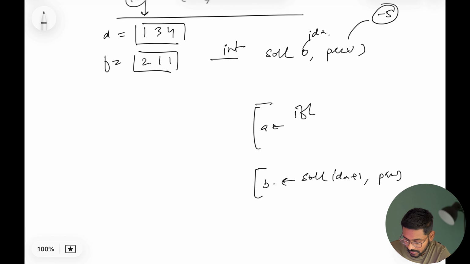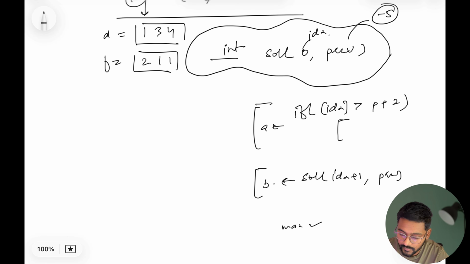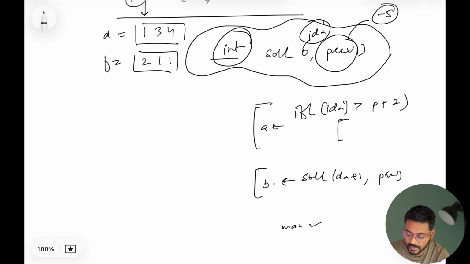If current value is greater than previous value plus 2, then I can include it. Otherwise I cannot include it. Then whatever is the maximum of these two, just capture that. So this is coming out as a signature for our recursion. It is having index, it is having previous, and it is having a return type.